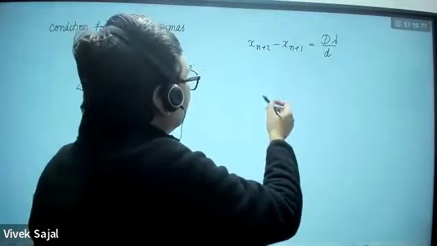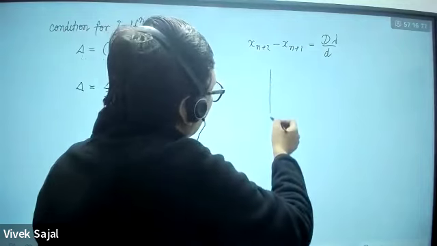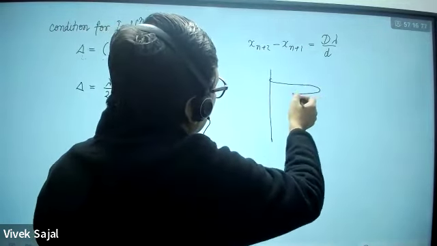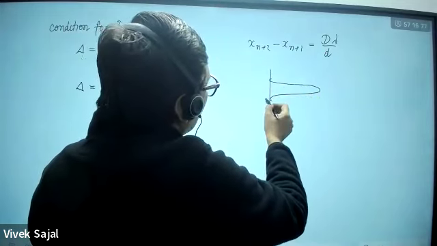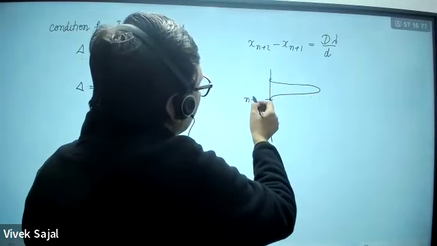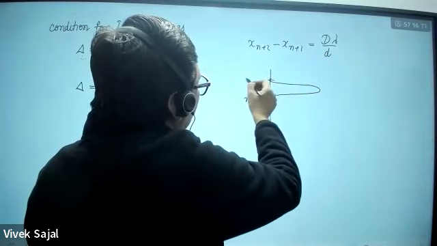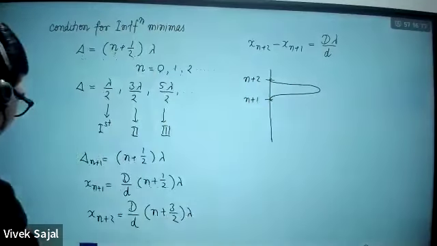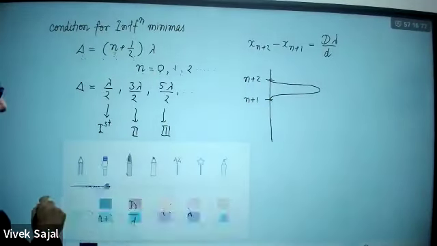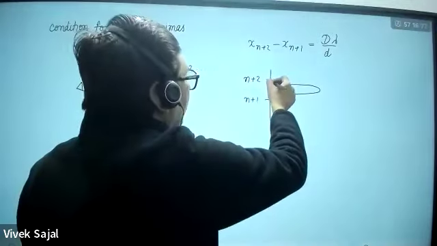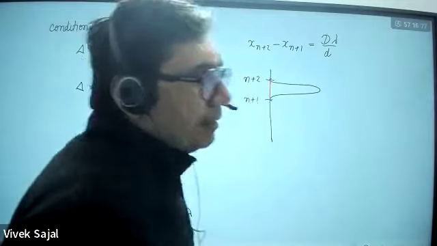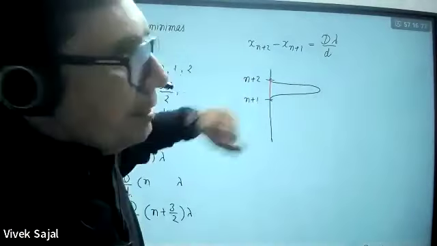What is the meaning? If you are having this type of screen and you are having two minimas like this, suppose I'm saying this is n plus 1 and this is n plus 2. What should you say about this gap? I have denoted it by red line. This is the gap you are calculating here.